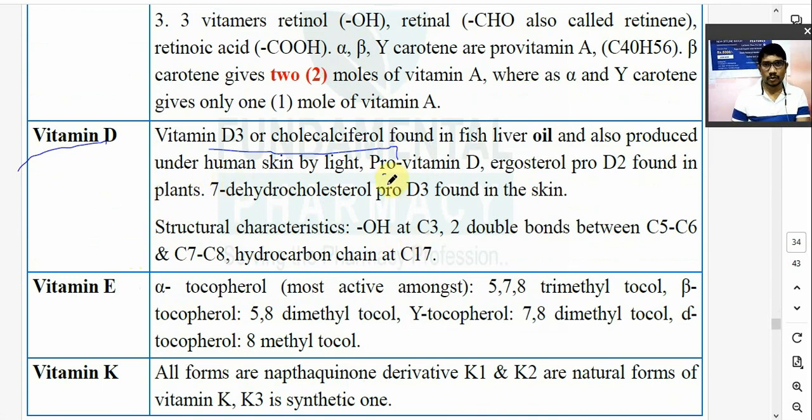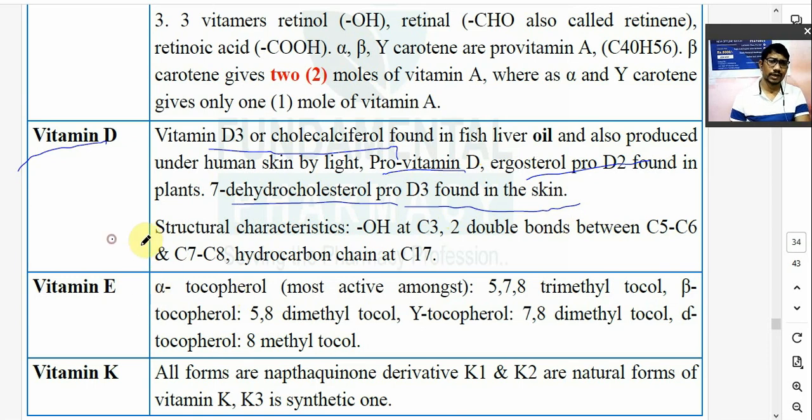Ergosterol is known as provitamin D2, found in the plants. 7-dehydrocholesterol, okay? 7-dehydrocholesterol known as provitamin D3 found in the skin.